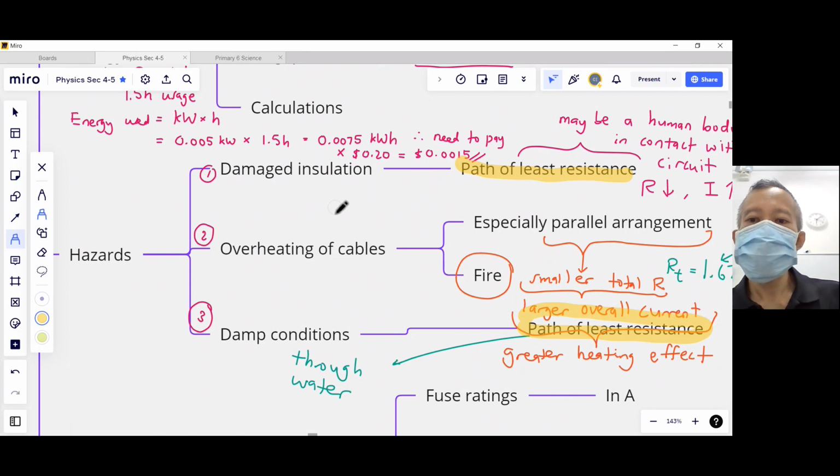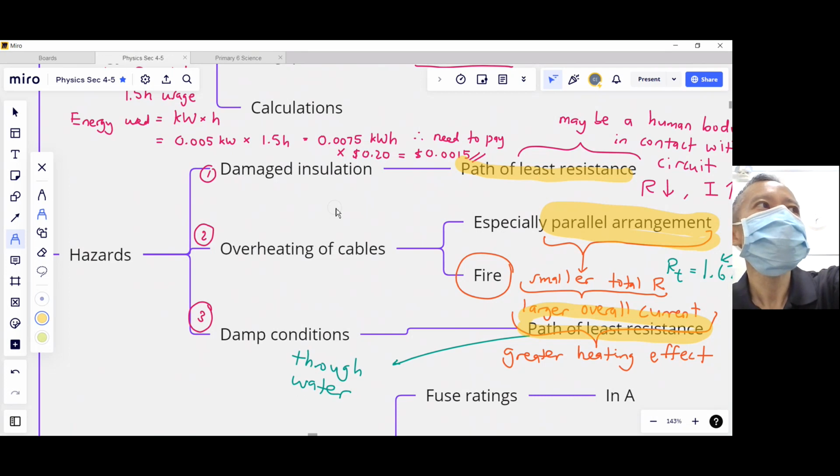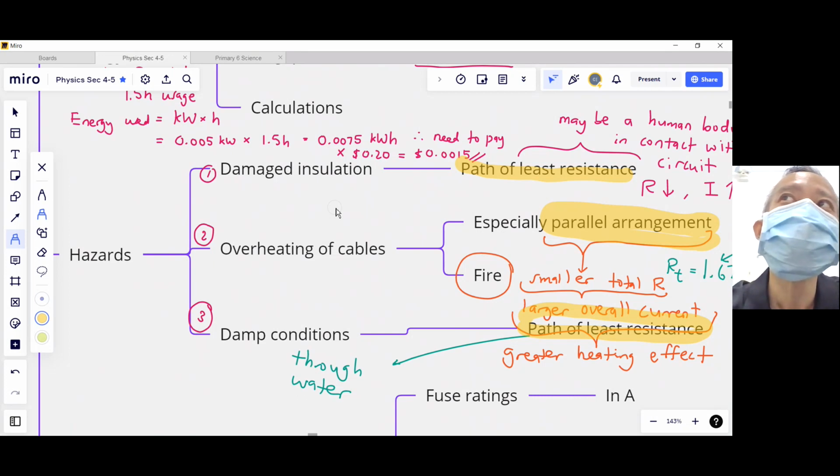Now, this one is quite common, especially if you're not careful at home. You plug in too many appliances at the same time, and typically the arrangement of the plug will be parallel. If you keep plugging in, normally if you notice, at most, how many can you plug into one socket? Do you all notice? One socket, how many appliances can you plug in?